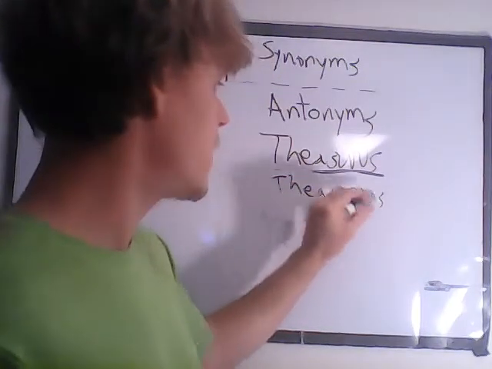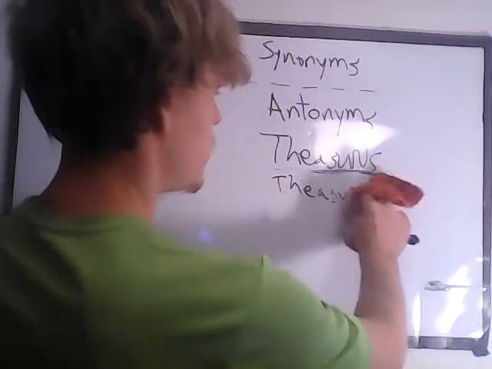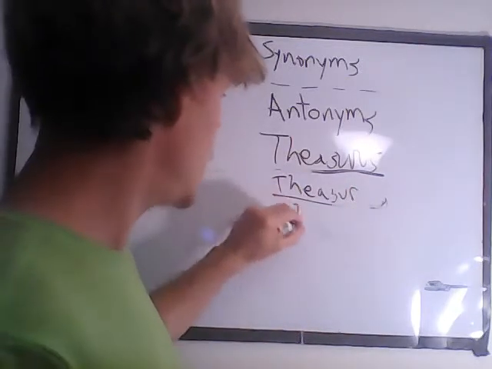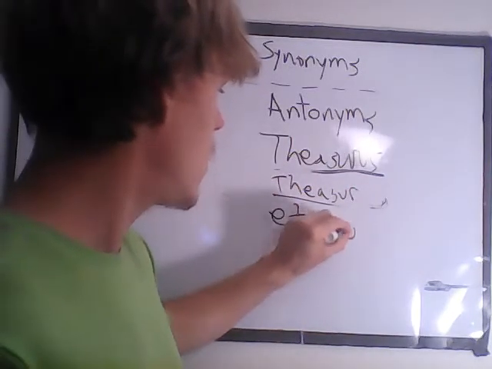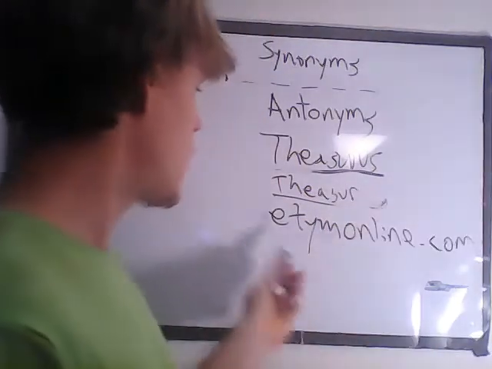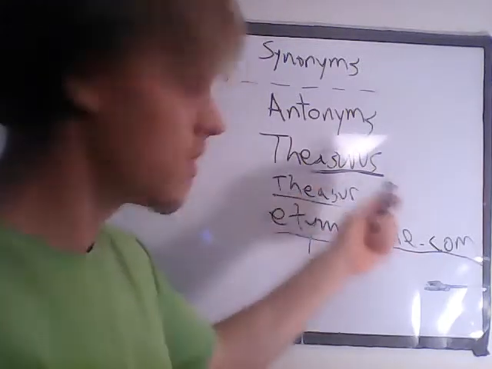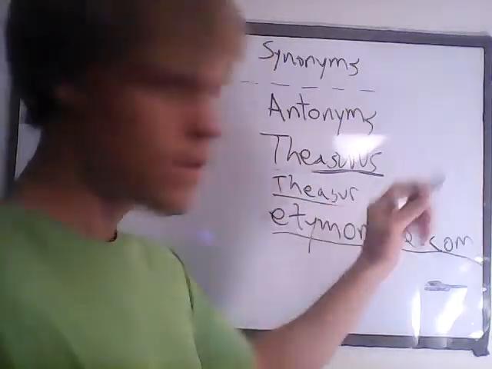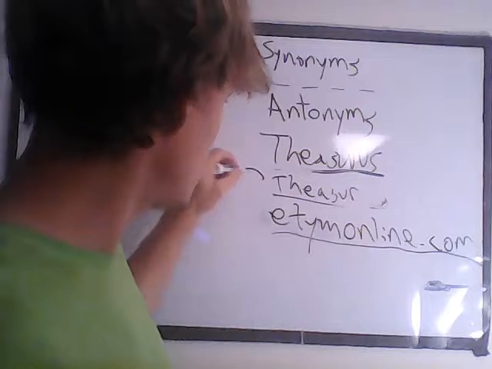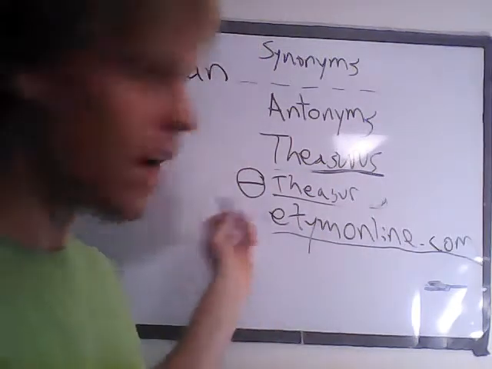It might have a bit of a different ending, I can't remember exactly how it ends, but the basis of that word thesaurus, if you were to go to etymonline.com, that's the etymology dictionary online. If you type in thesaurus, it'll tell you it comes from the Greek, and it'll give you the word. Except in the Greek, the TH is going to look like this. Just like that. A circle with the line through it.